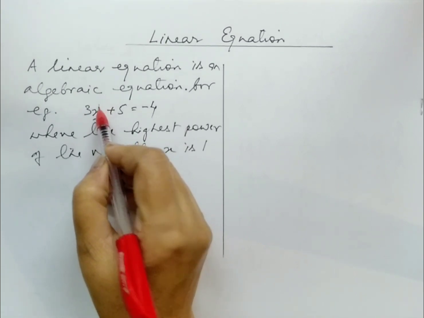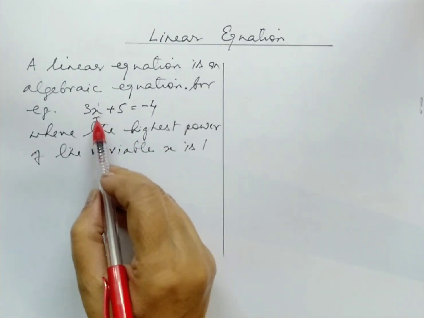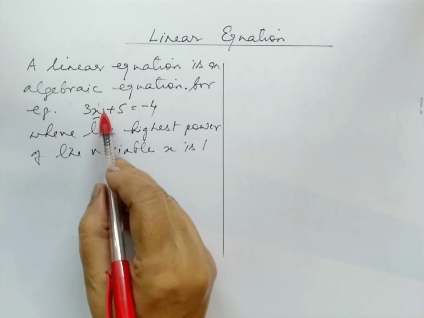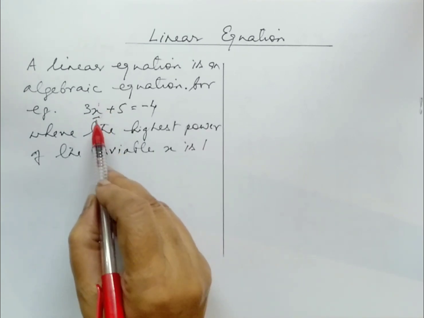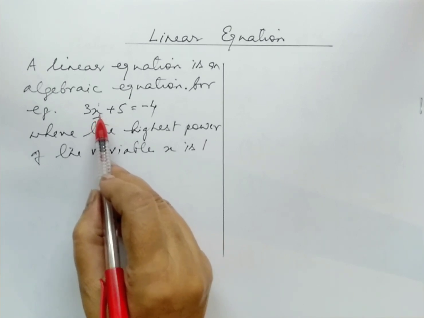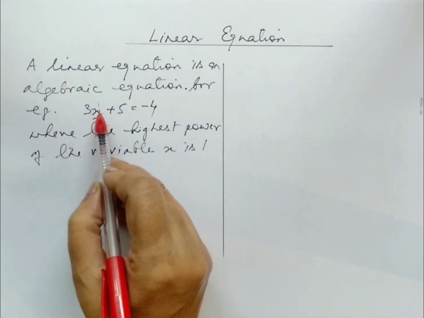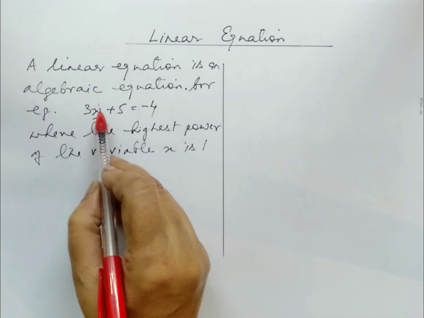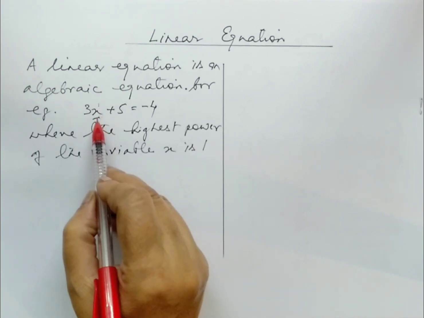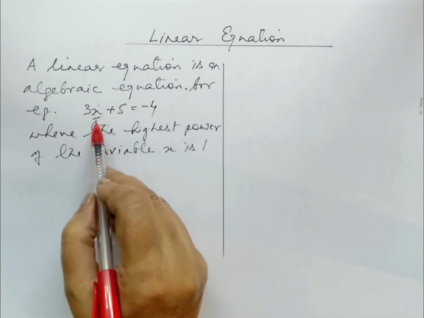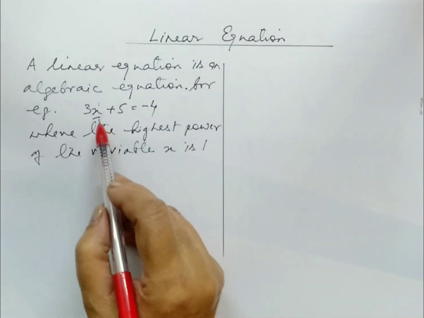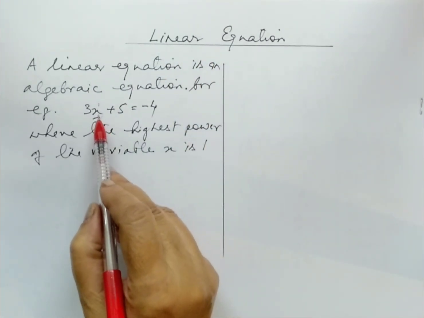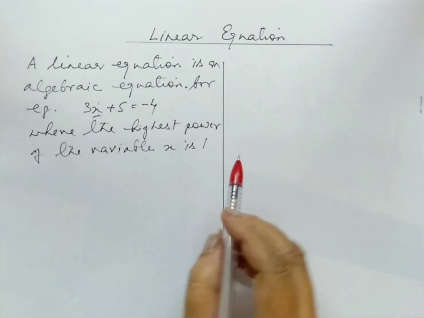If 1 is written over here, x to the power 1, we do away with writing 1 because x already has a power of 1. If 2 were there, then that would be written. So x will always be x, not x square or x cube or anything as such. So in a linear equation, remember, the power of x will remain 1.